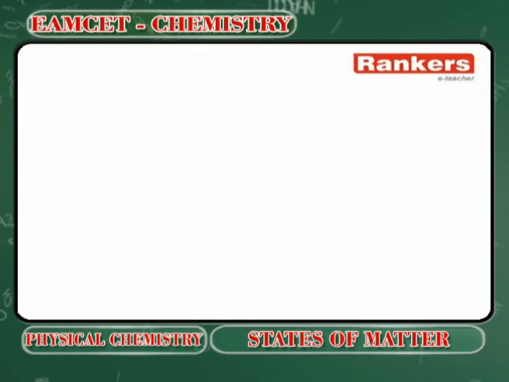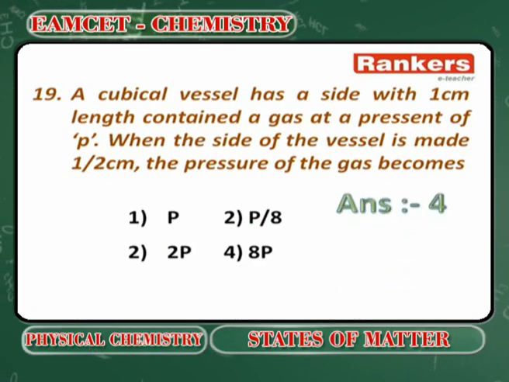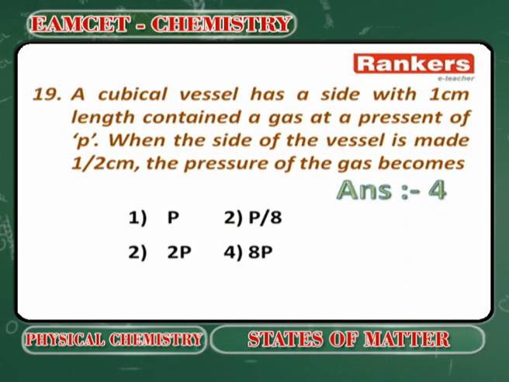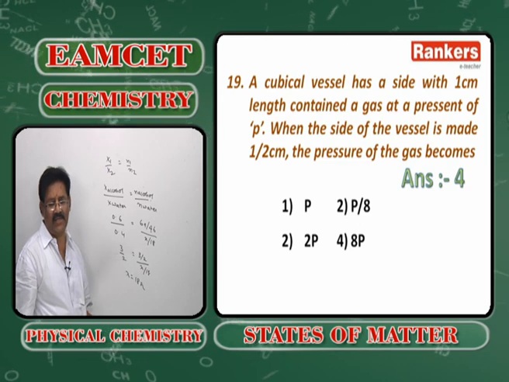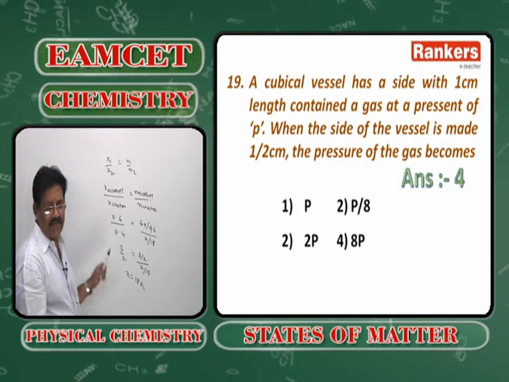Next question. A cubical vessel has a side of 1 centimeter length and contains a gas at a pressure of P. When the side of the vessel is made L by 2 centimeters, the pressure of the gas becomes?